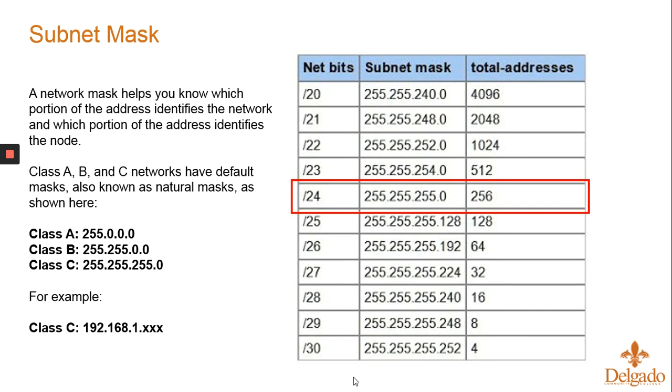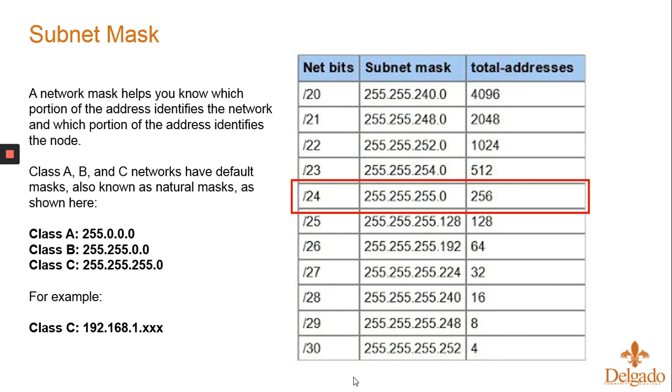So if I came in with my laptop and I chose a totally different first octet, say 193.168.1 something, I'm not going to be able to see anything in the 192.168.1 subnet. So that's what that is trying to imply there.